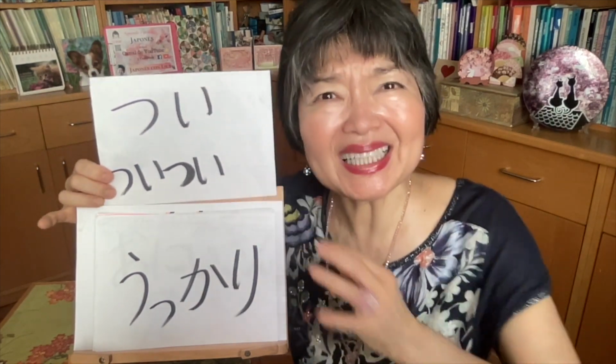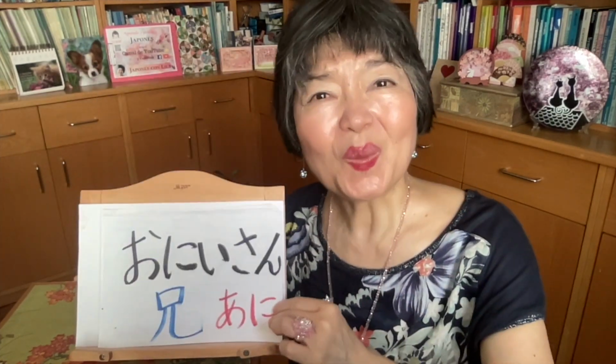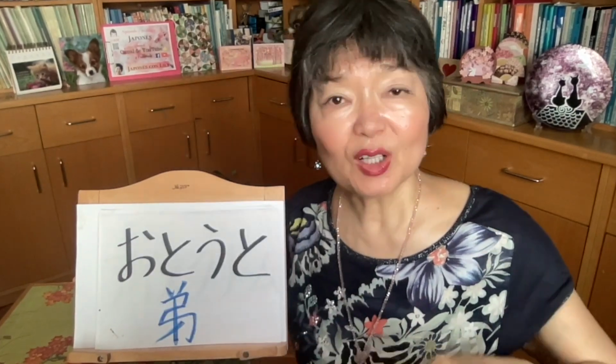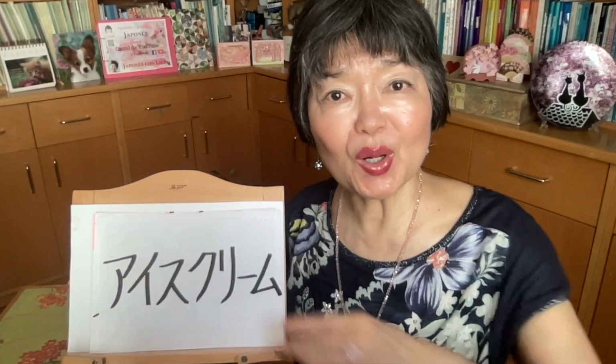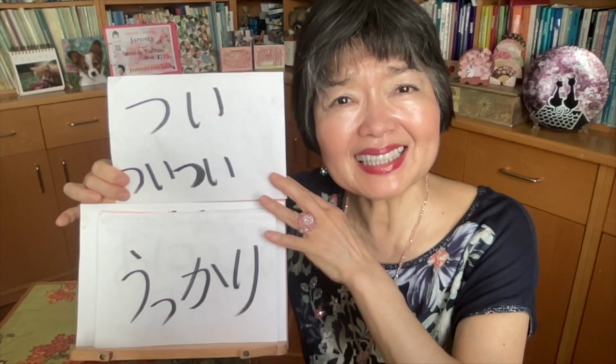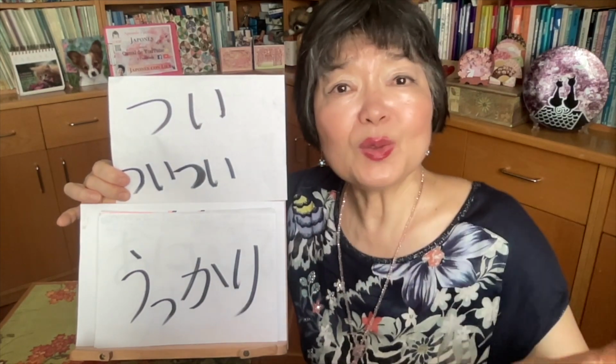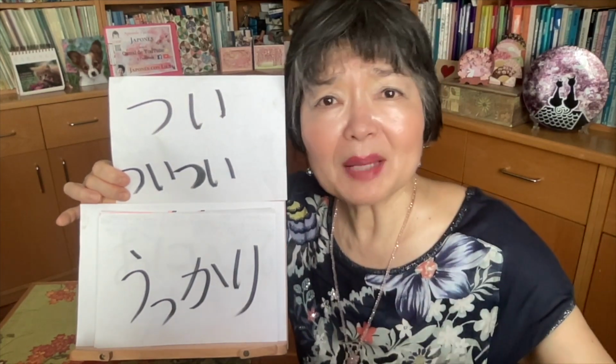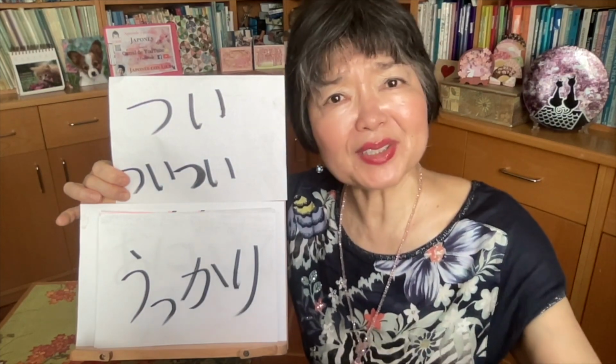And I know this is not good, but he ate it. お兄ちゃんは弟のアイスクリームをつい食べちゃった。It means he couldn't stop eating the little brother's ice cream.